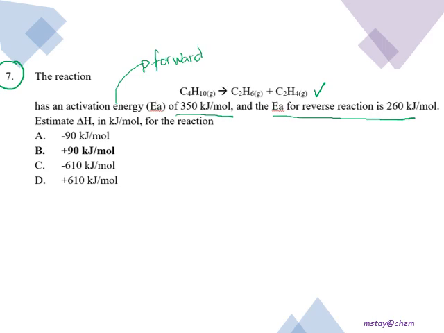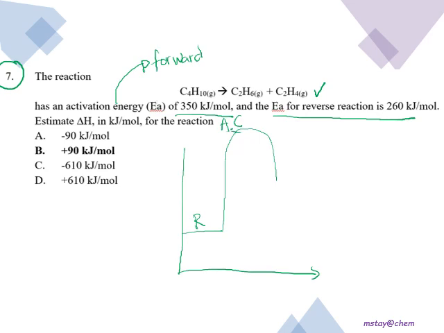As we know here, the forward activation energy is higher. So we are going to roughly sketch the energy profile diagram. These are the reactants at this energy level. They will climb up to one peak and then produce the activated complex.